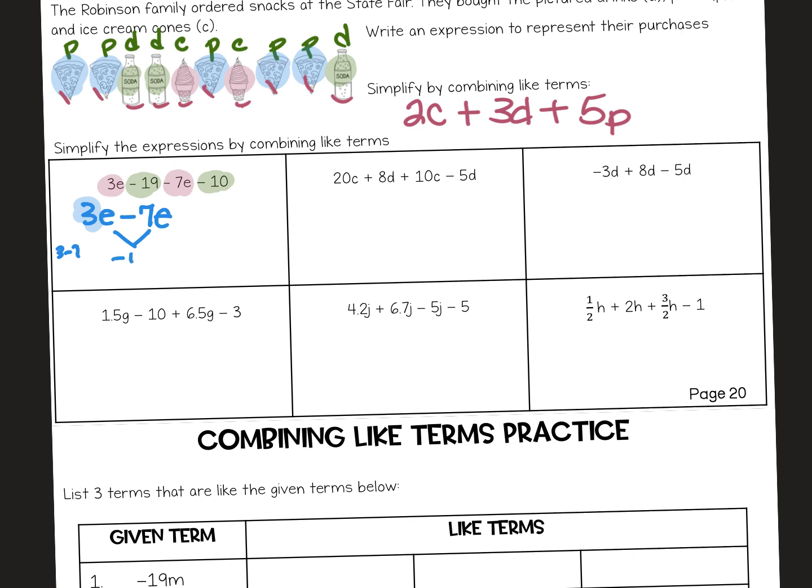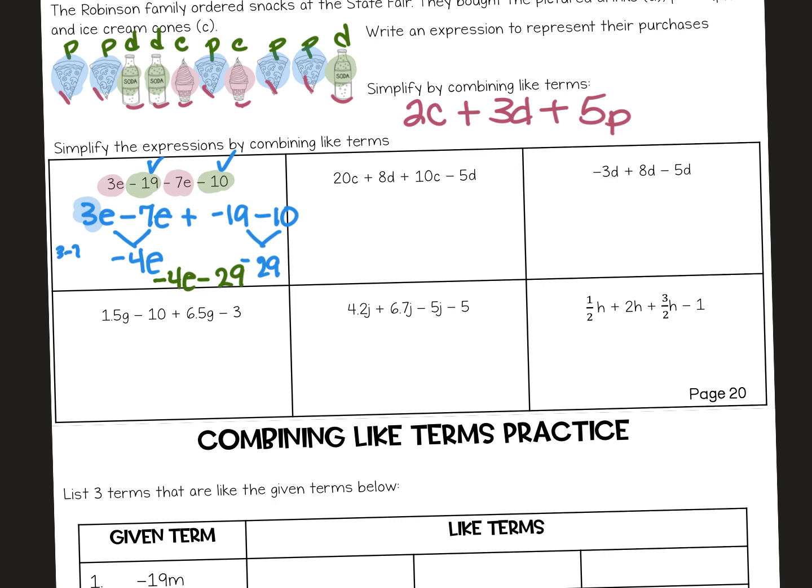So I'm going to have negative 4 of the E. I also combine my constants, negative 19 and negative 10. If I go to my calculator and do negative 19 minus 10, it's going to say negative 29. So my simplified expression is negative 4E minus 29.